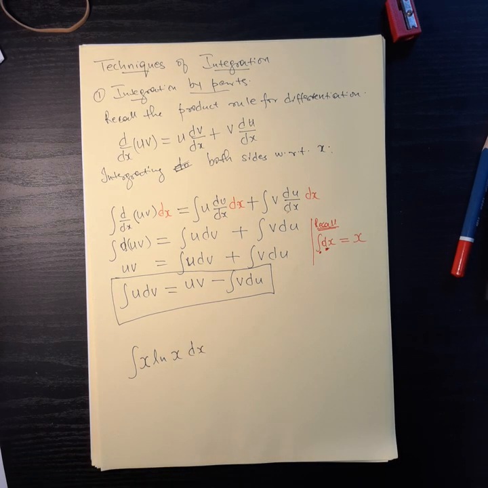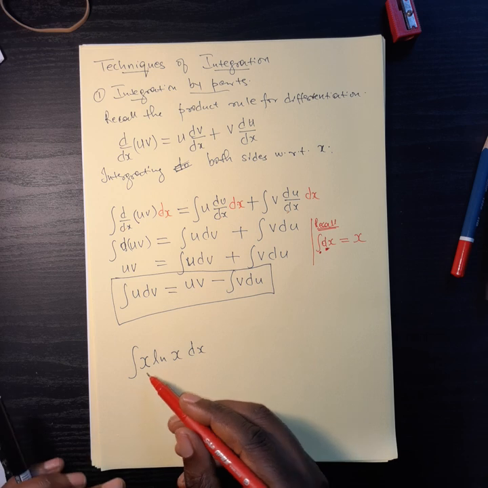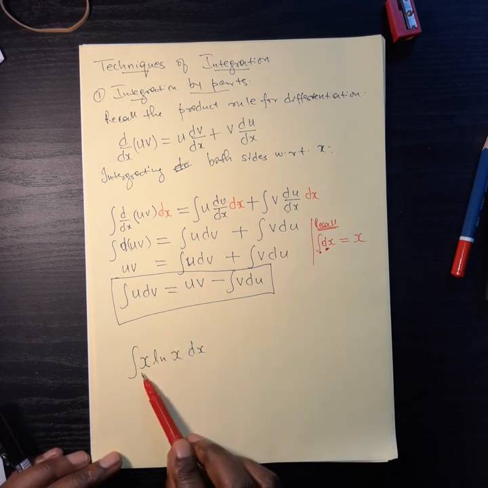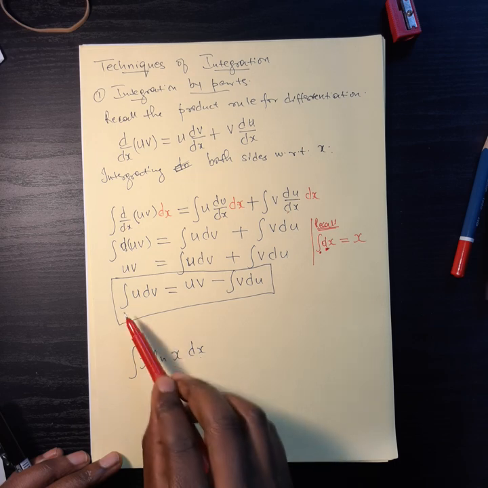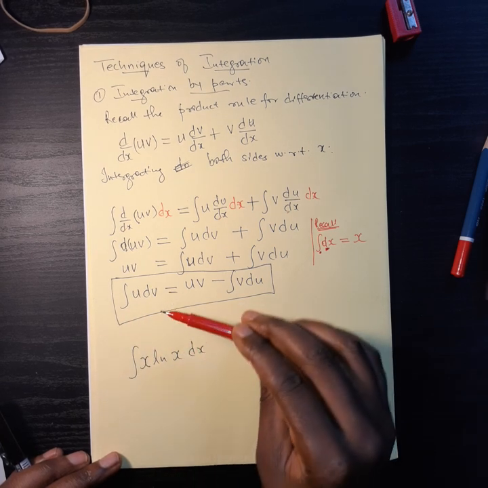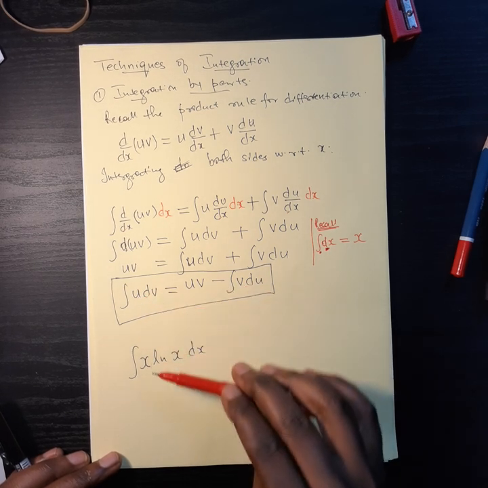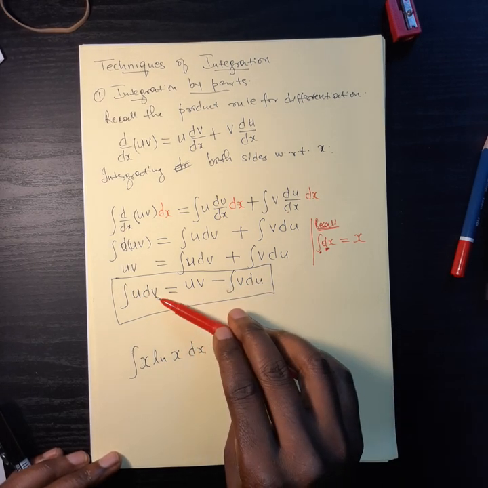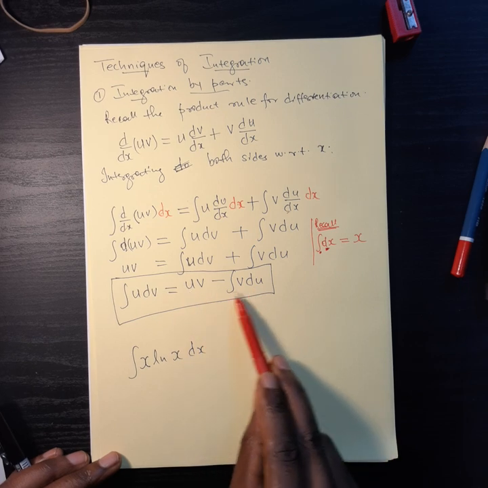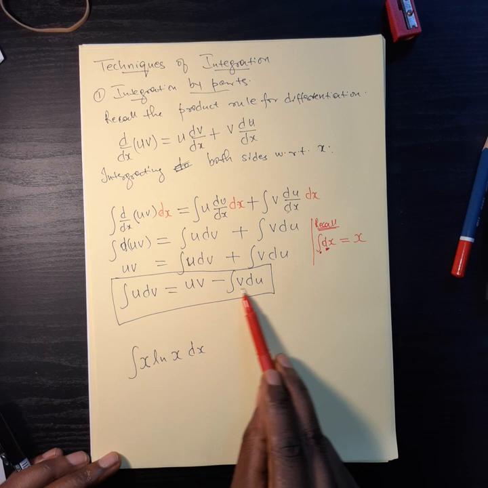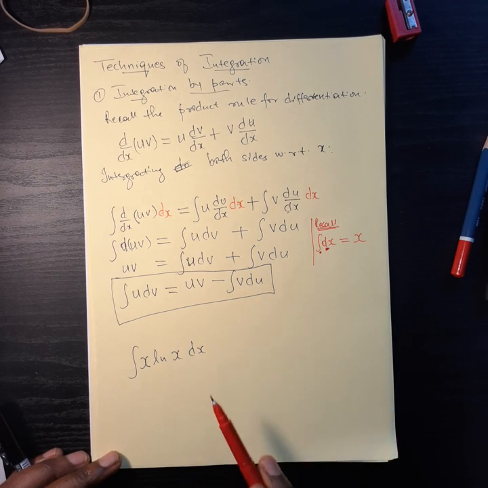Then if you have this kind of situation, you will try to compare whatever is written here with the formula. In other words, we must be able to choose which one should be our u and which one should be our dv, so that we can rewrite whatever is given as the right hand side of the formula.